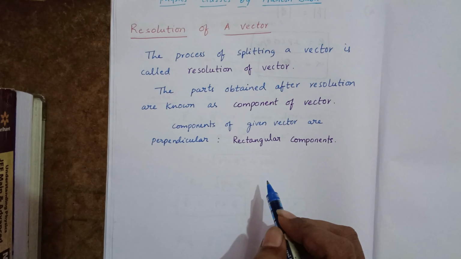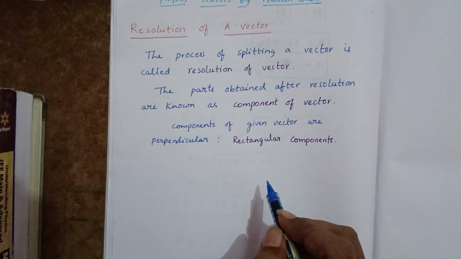This is a vector A bar making an angle theta with the x-axis. Now it can be resolved into two components. One is the x component, another one is the y component.